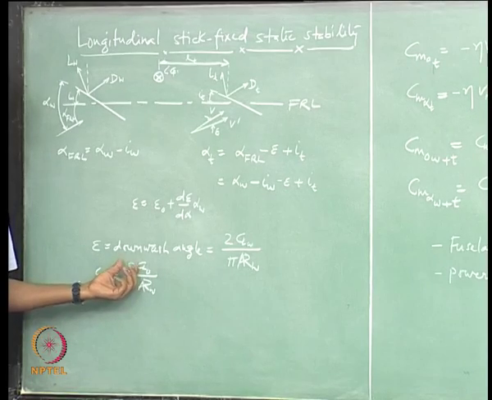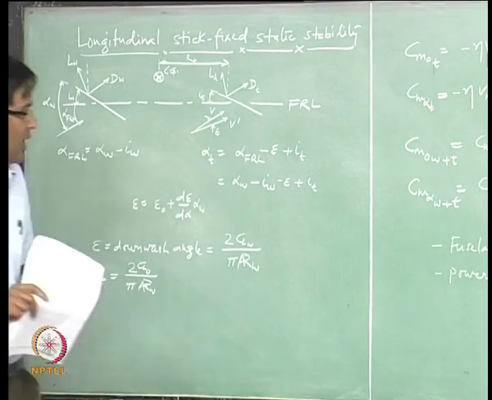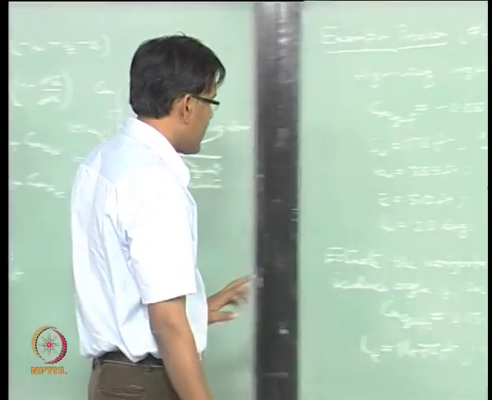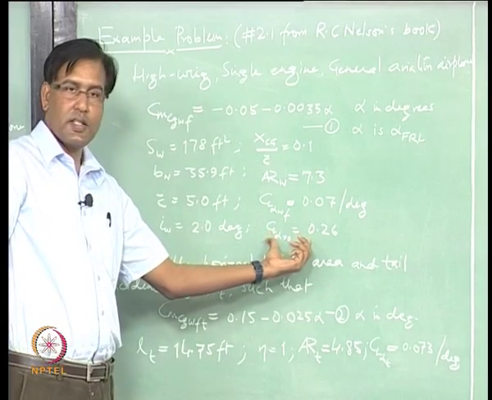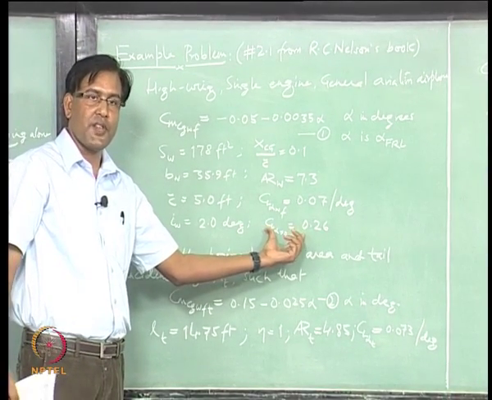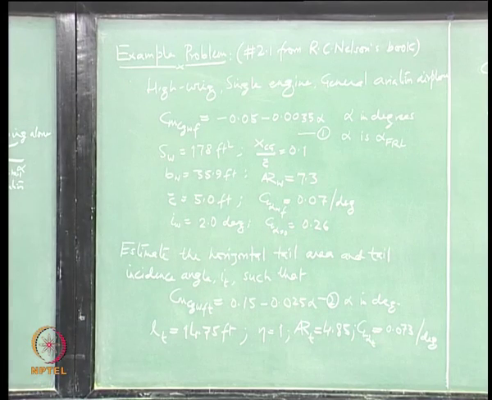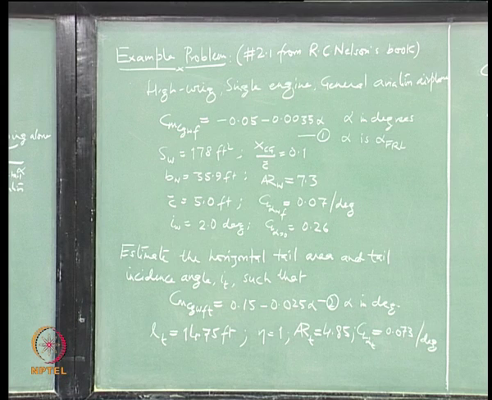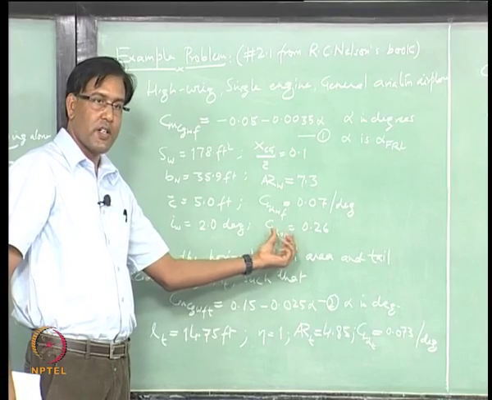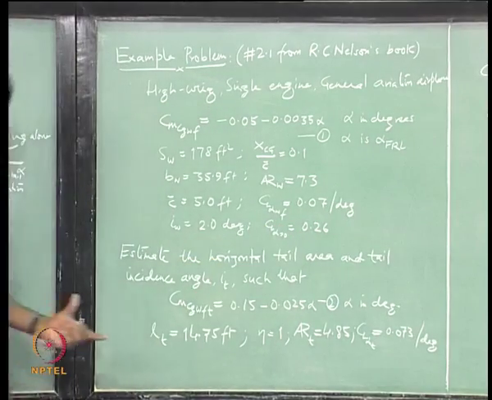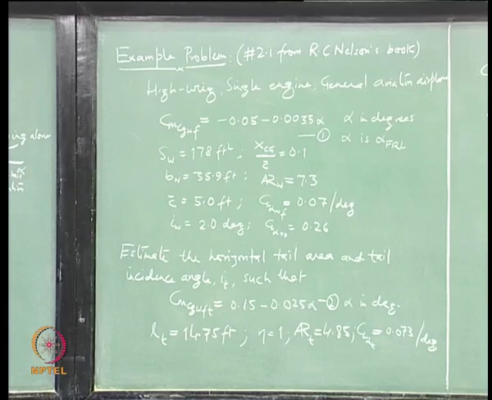The lift contribution is mainly coming from the wing, right, and very less coming from the fuselage. So, therefore, we can take this as the total lift coefficient, right. So, in this of the wing, what we have been given is CL at alpha equal to 0 for the wing fuselage combination, right, but fuselage will not have.